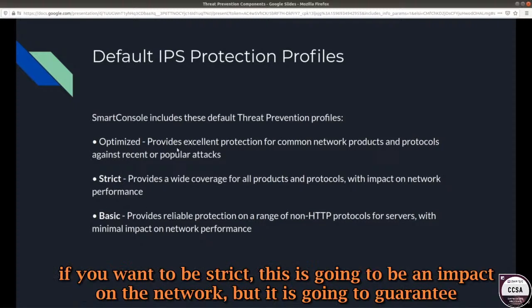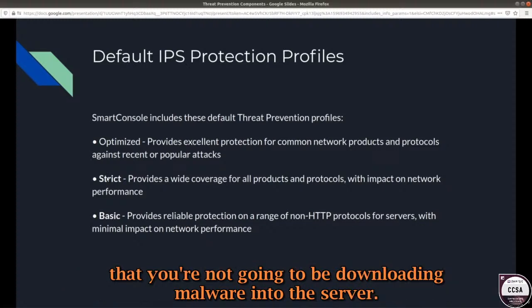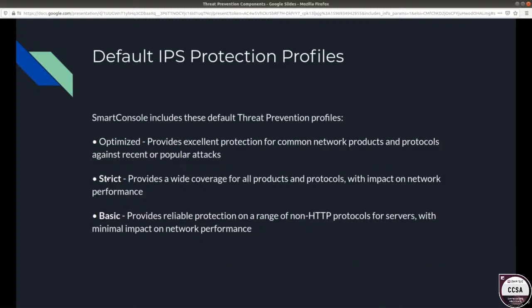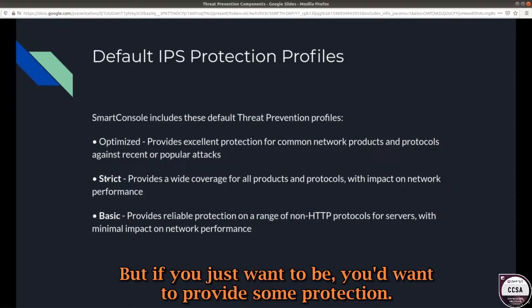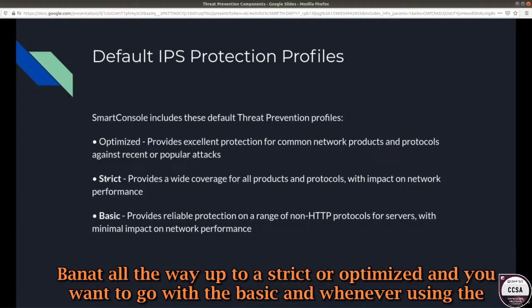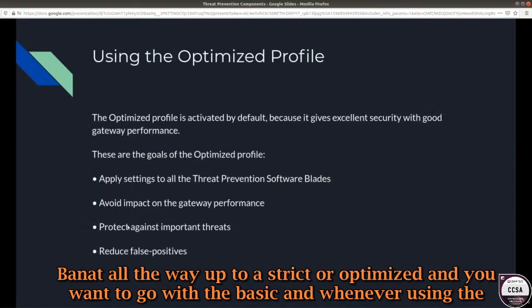If you want to be strict, this is going to have an impact on your network, but it is going to guarantee that you're not going to be downloading malware into the server, right? But if you just want to provide some protection, but not all the way up to Strict or Optimized, then you want to go with the Basic.